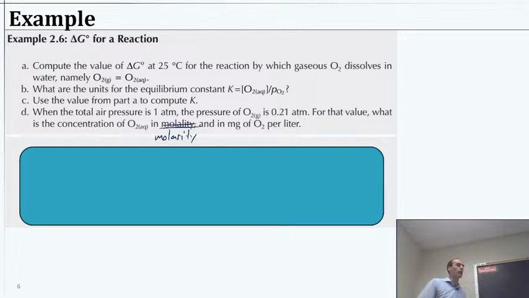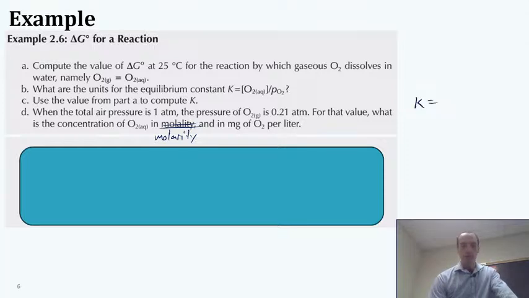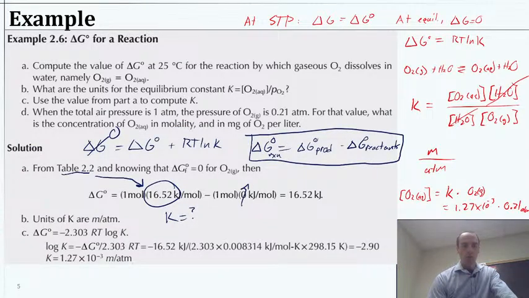Like a cold trout stream that's close to freezing is going to be something like 15 milligrams per liter. A warm, stagnant bayou in the middle of the summer might be like 3 or 4, depending on how much oxygen demand is there. Okay, so I'm going to flip back and find that K value we just got for you. 1.27.